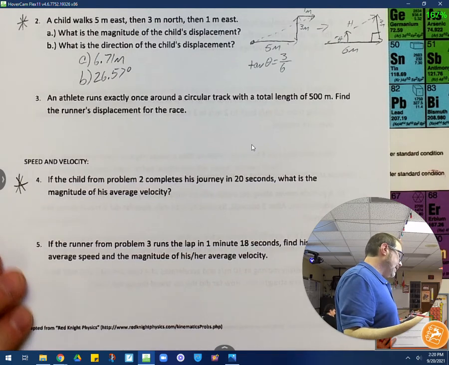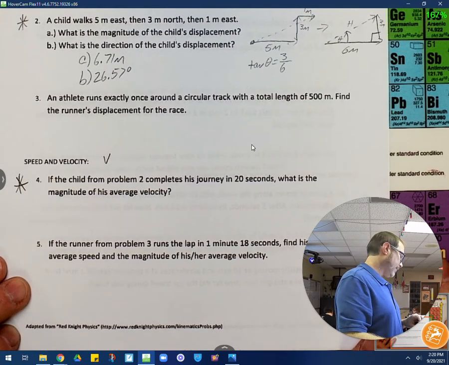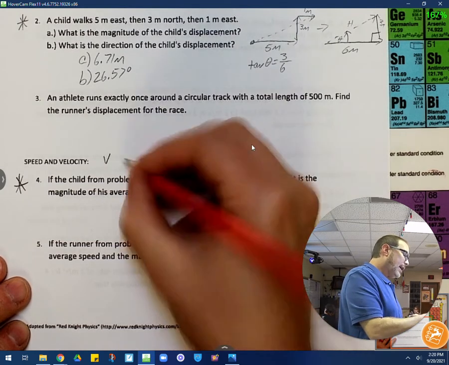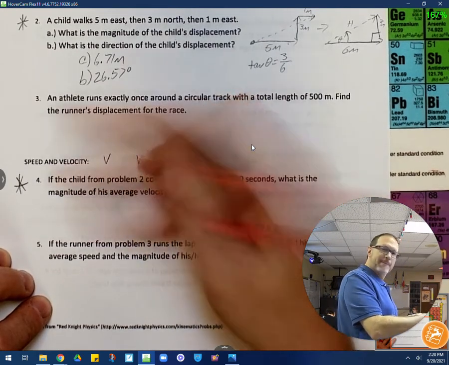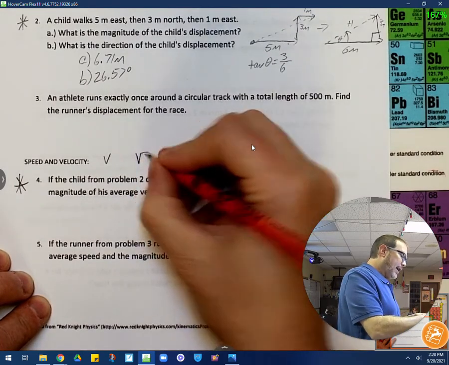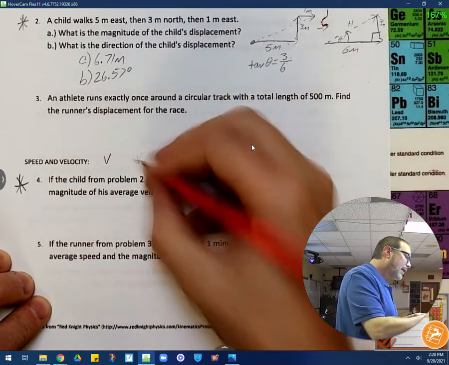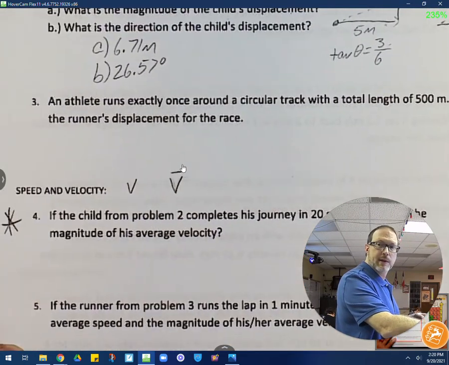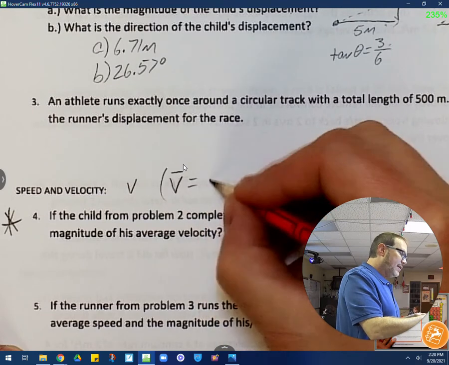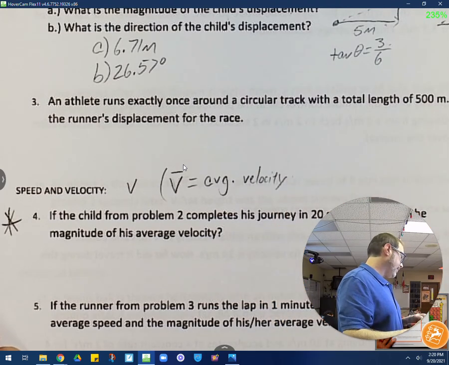If we're talking velocity, usually we're talking about the variable v. If you see a symbol with a v with a little line over it, this is average velocity.